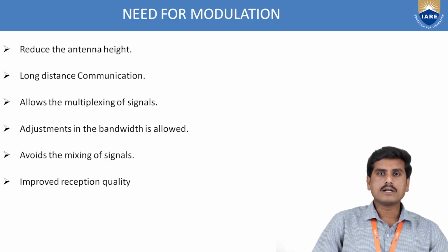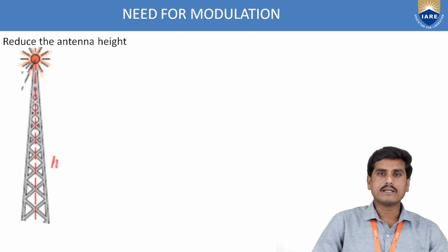For long distance communication, we need to increase the range of communication by using modulation. Multiplexing is possible by using modulation, we can adjust the bandwidth allowed in the modulation process, and the quality of reception can also be improved. Let us see one by one.